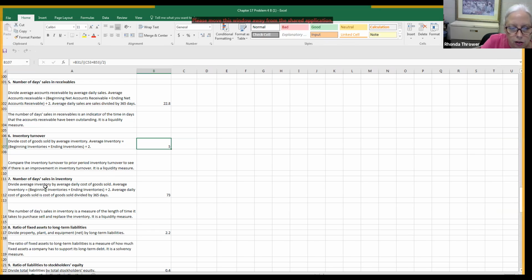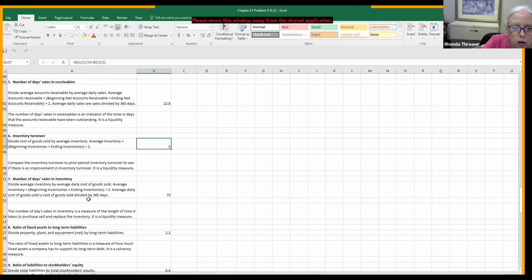Our last analysis we're going to look at today is the number of days sales in inventory. We're going to do this by dividing our average inventory, the same one that we found up here, by the average daily cost of goods sold. To find the average daily cost of goods sold, we take the total cost of goods sold and divide it by 365 days.